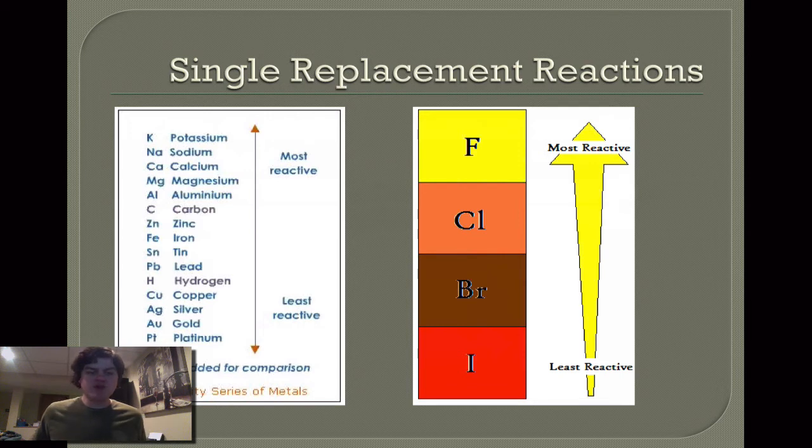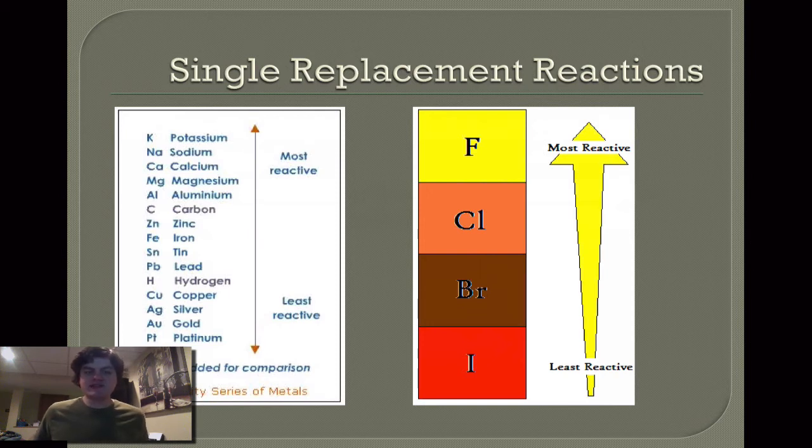An important note on the left-hand chart about hydrogen. Potassium, sodium, and calcium are so reactive that they will actually replace hydrogen in water. So if we put those solid metals into water, they will react with the water, replacing the hydrogen.